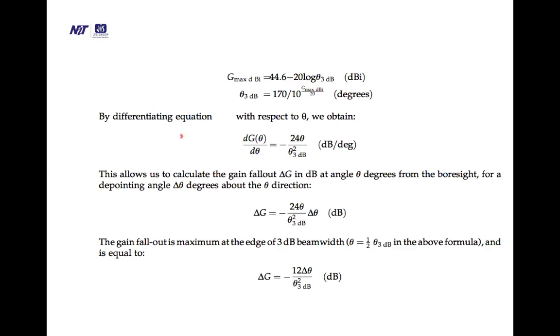By differentiating this equation, we get this expression. Finally, the gain falloff is maximum at the edge of the 3 dB beamwidth. Taking theta equal to half of theta 3 dB in the above formula, at the edge of the 3 dB beamwidth the value is minus 12 times delta theta divided by theta 3 dB, whole squared.